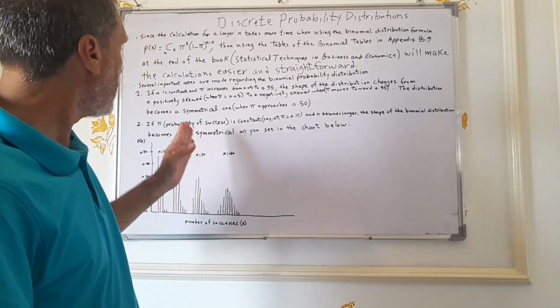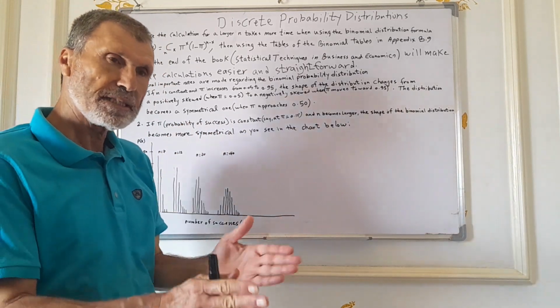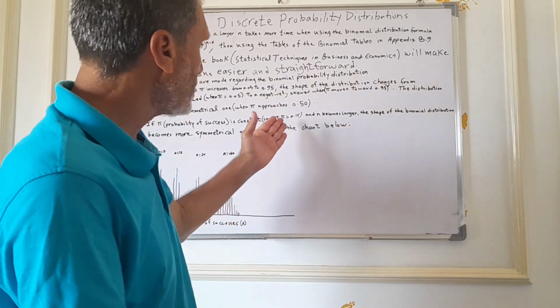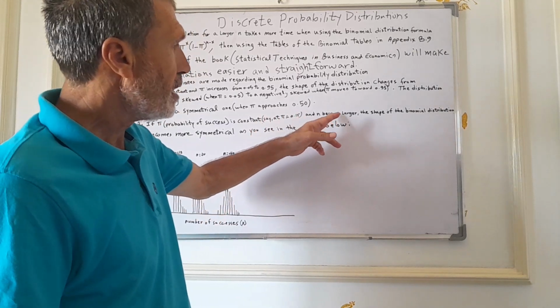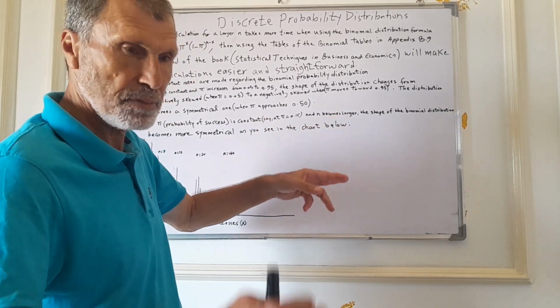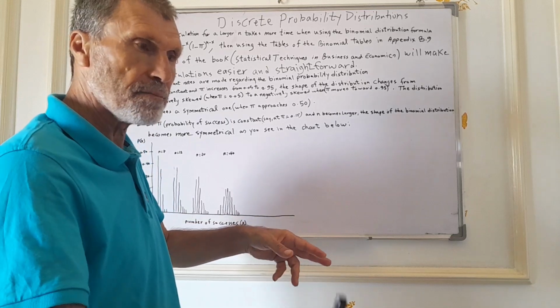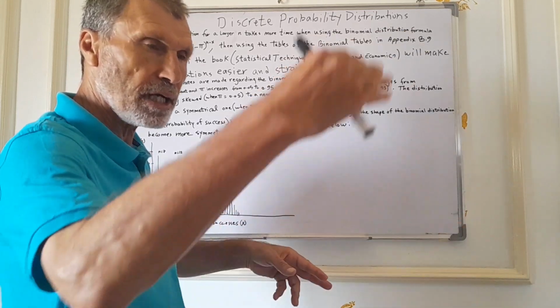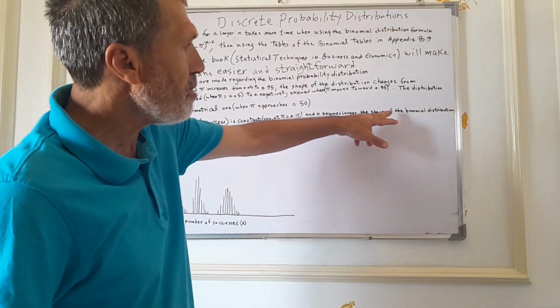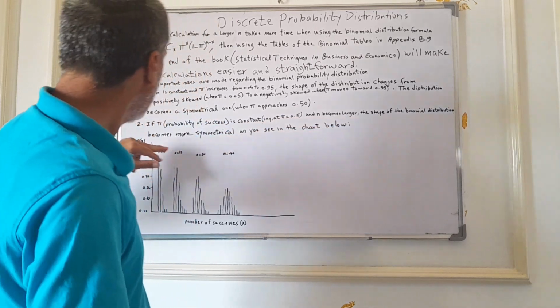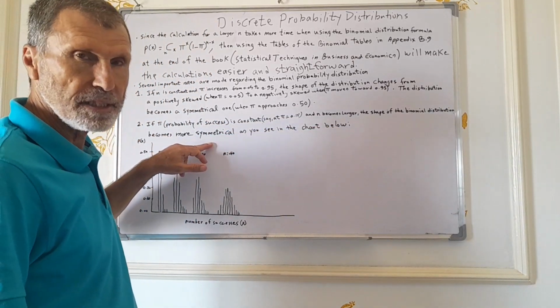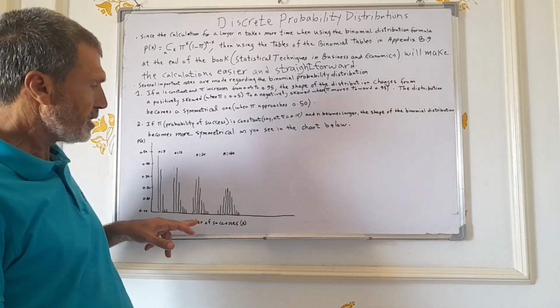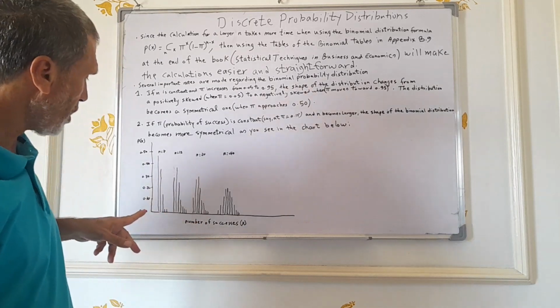Pi is fixed at a certain value, say 0.15, and n increases from a certain number to another number, and so on. Then the shape of the binomial distribution becomes more symmetrical, as you can see in the chart below. Look at the chart over here.